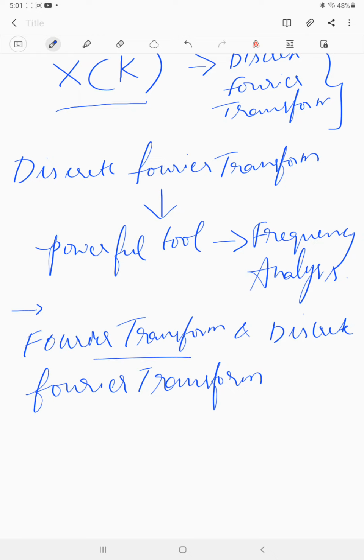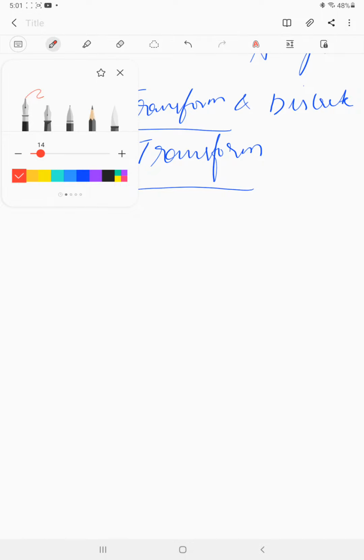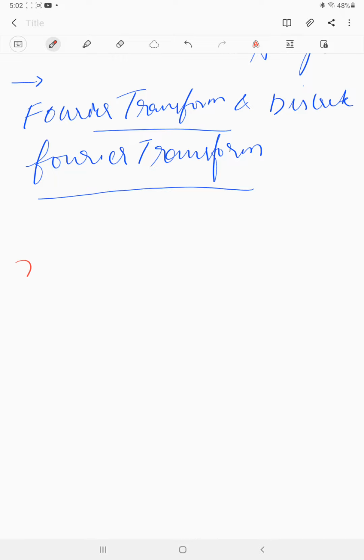Now let us consider a non-periodic discrete signal, which is represented as x(n). Here x(n) can be represented as X(e^jω).